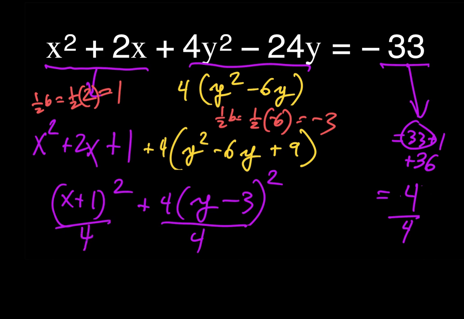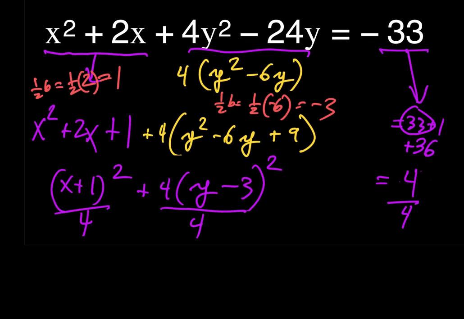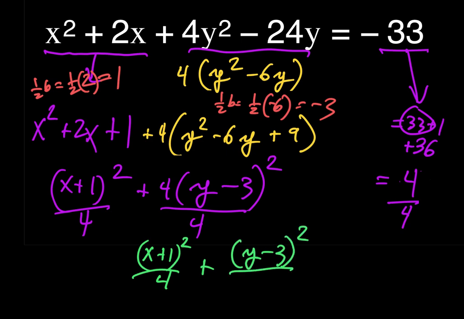I divide by 4 so that I end up with, as a final answer, x plus 1 squared over 4 plus y minus 3 squared, well, it's now over 1, equals 1.